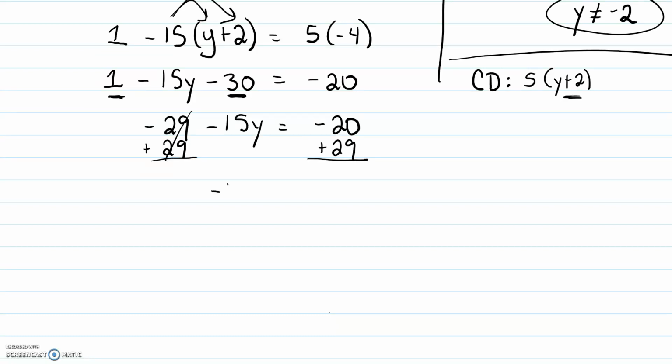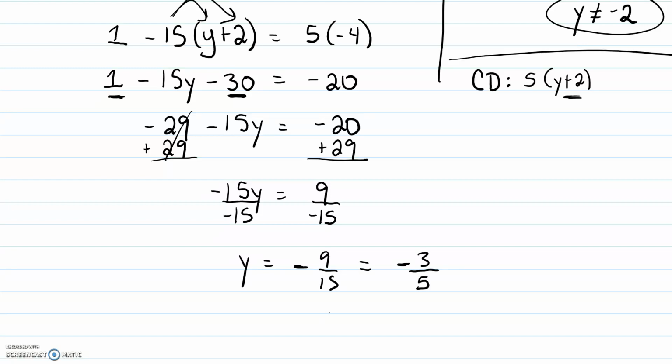Bring down your negative 15y equals a positive 9. Then divide both sides by negative 15 to isolate your y term. That negative you can just put out in front. Make sure you reduce 9 over 15. 3 goes into 9 3 times, 3 goes into 15 5 times.